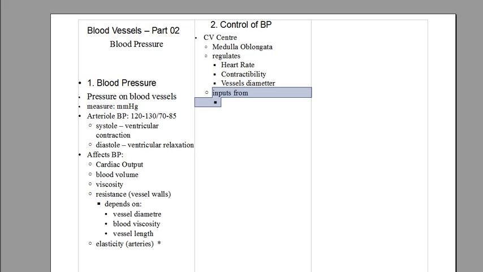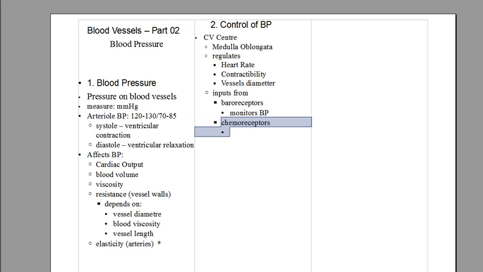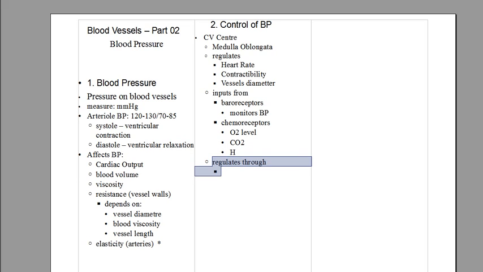The control center receives inputs from your baroreceptors, which monitor the pressure of your blood vessels, and from the chemoreceptors, which normally monitor your level of CO2, oxygen, and hydrogen, providing the proper feedback. The feedback normally will try to regulate your blood pressure.